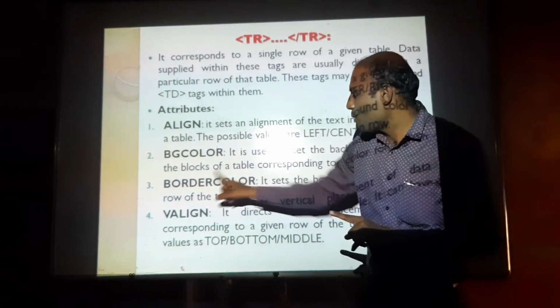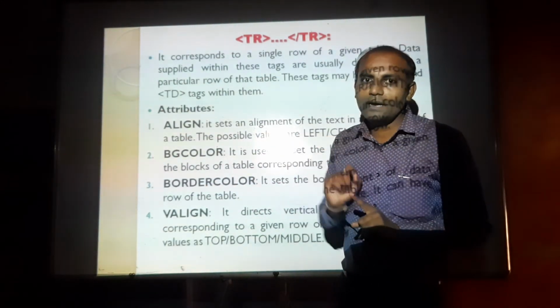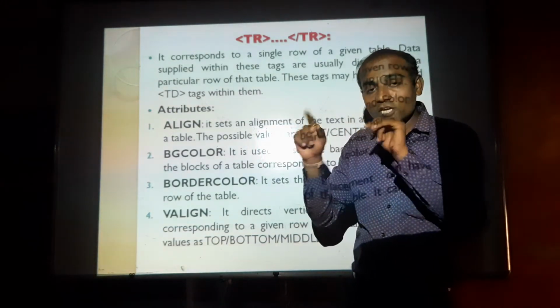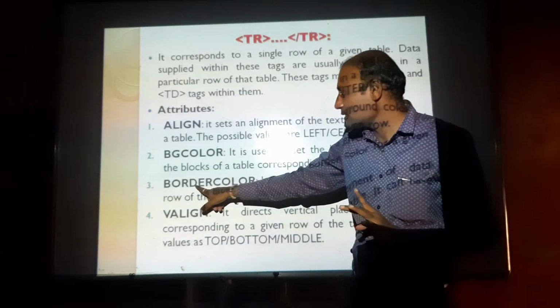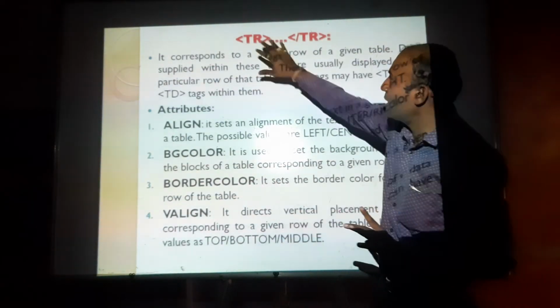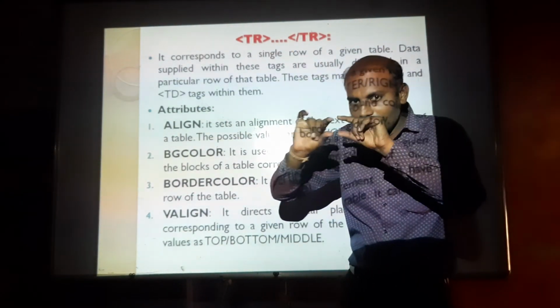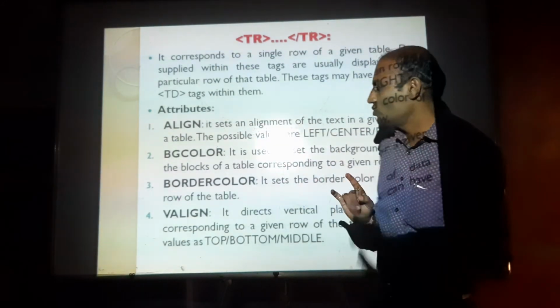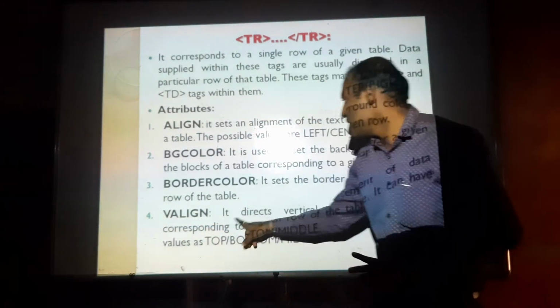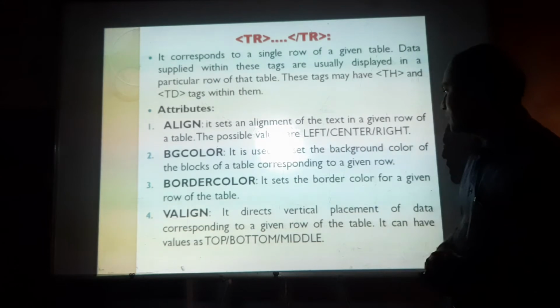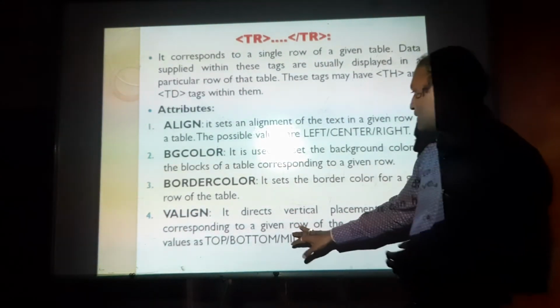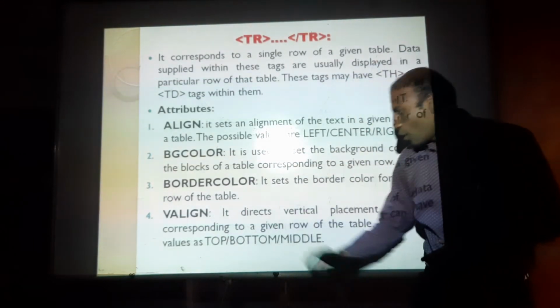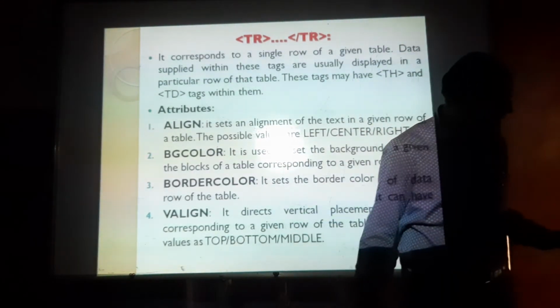If I use border color in the table tag, I can change the entire table border color, whereas if I use it in a particular TR, only that row's border will change. V-align is the vertical alignment, which is used to place the data corresponding to a given row either at the top, bottom or middle.